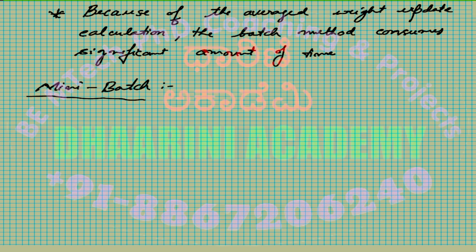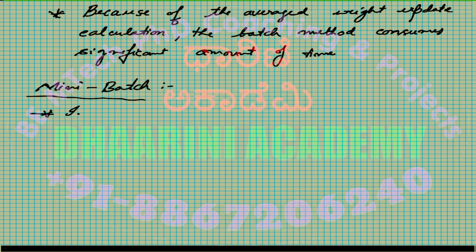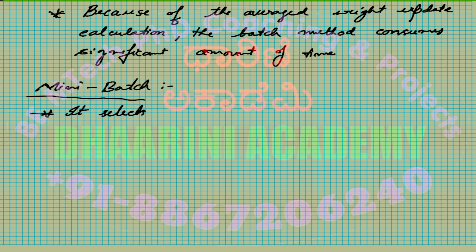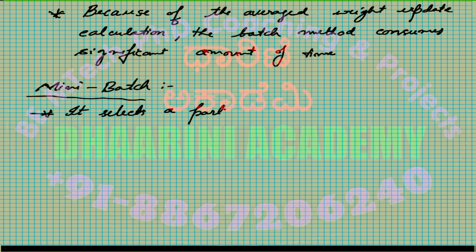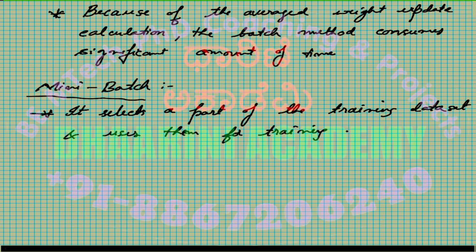So in case of a mini batch, it selects a part of the training data set and uses it for training in the batch method.